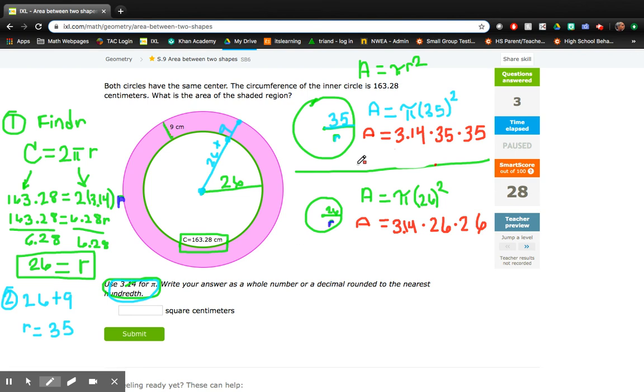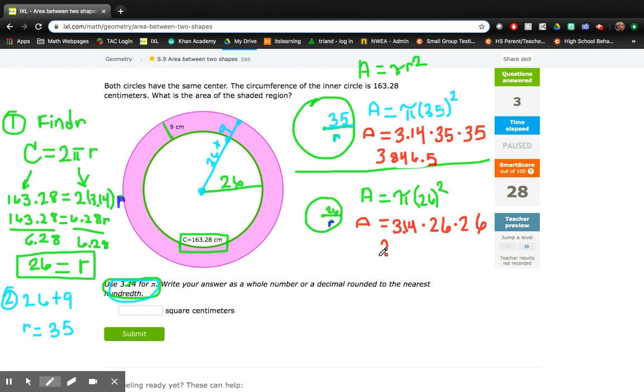All right, try again. 3.14 times 35 times 35 is 3,846.5. The reason I suspected that I got this top one wrong is because when I typed in this bottom one, which should be the smaller circle, I got a bigger area, which is definitely not what was supposed to happen.